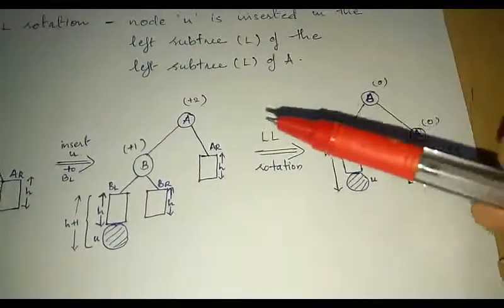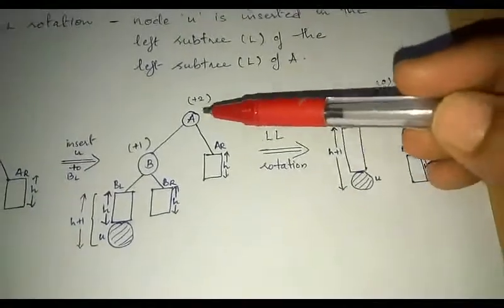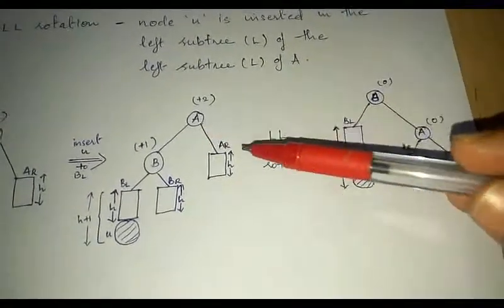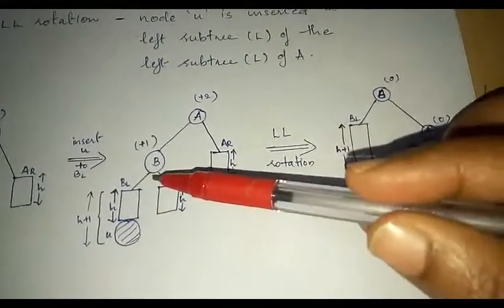That is, just consider that we are pulling one node to the right. That is, this A will be shifted to the right and B will come on top.